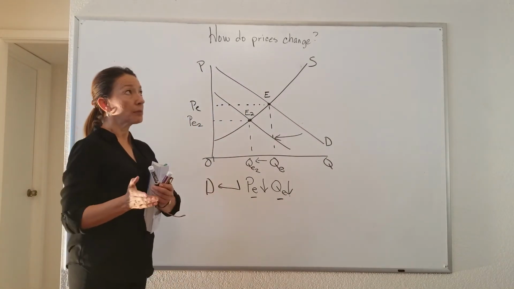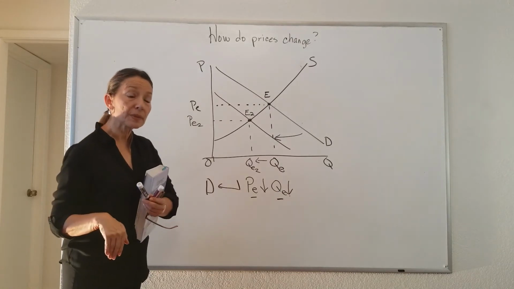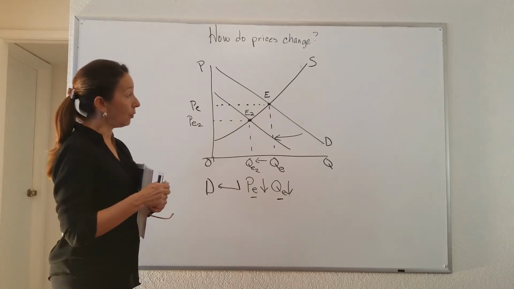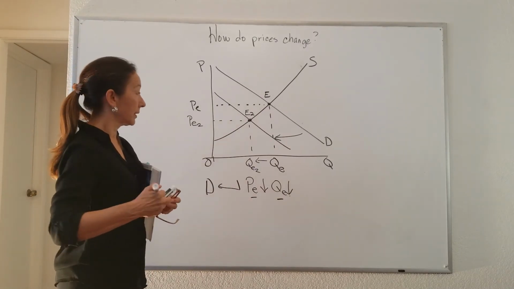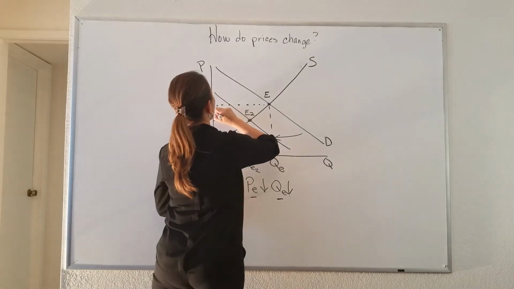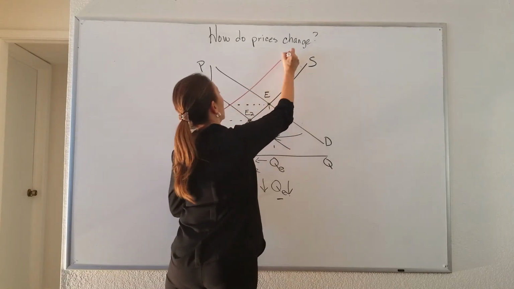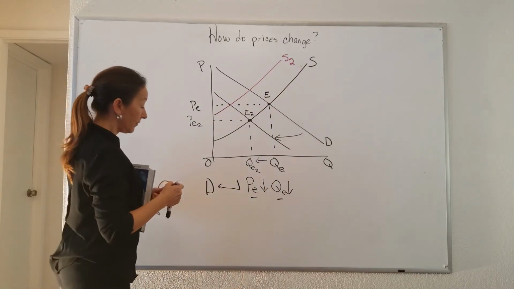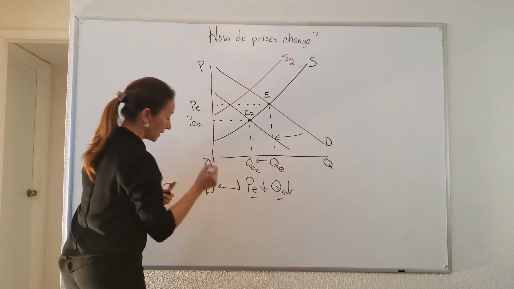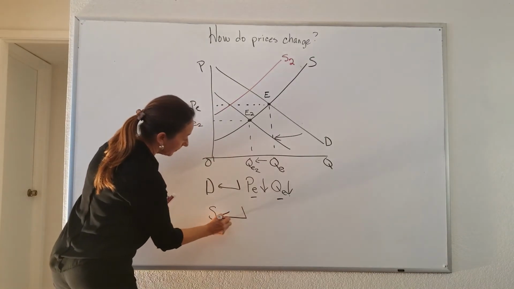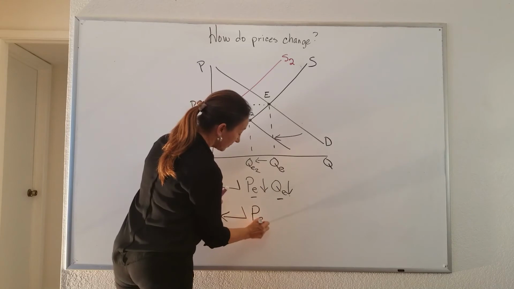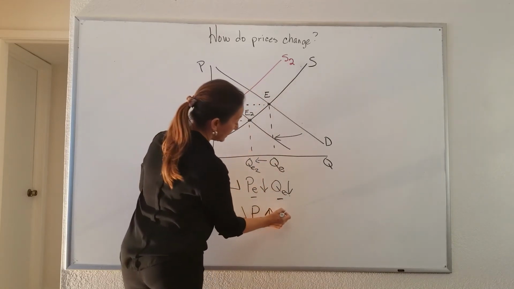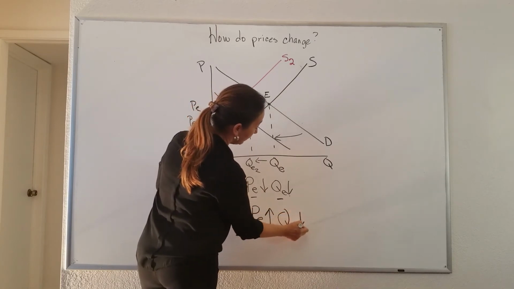Okay. Now the problem also says that supply shifts to the left. What happens? So I'm going to go ahead and shift the supply curve. And we know that the impact of a leftward shifting supply curve is going to be higher prices and less equilibrium quantity.